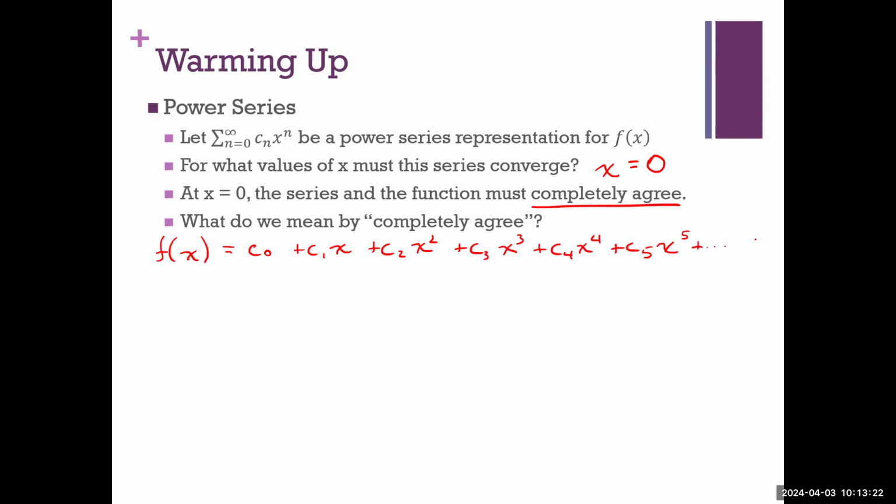Assume I have some function where, at the very least, at x equals 0, the function and the power series have to agree, right? What does it mean for them to agree?